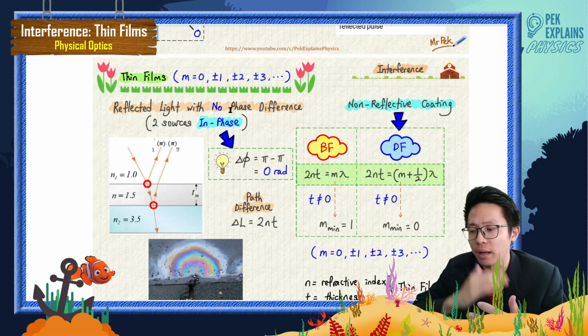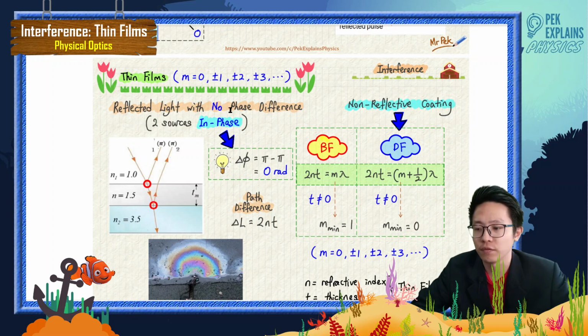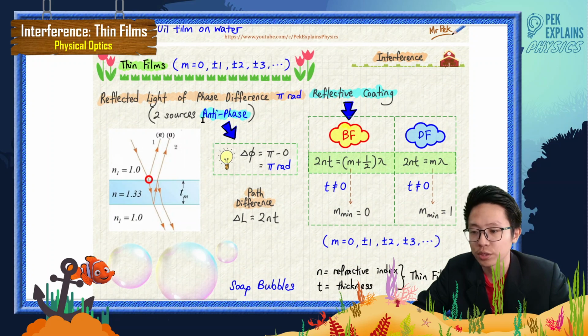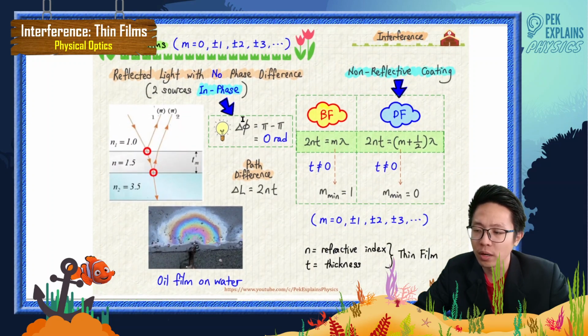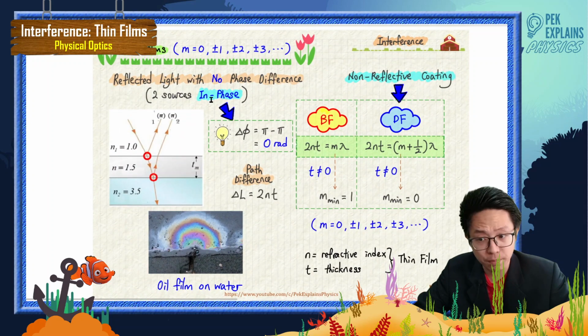What causes them to be in phase? First of all, as you can see here, we have two categories. One is two sources in phase, and the next one is two sources anti-phase. For in phase, to form the bright fringe, the path difference is m lambda. Dark fringe is m plus half lambda.